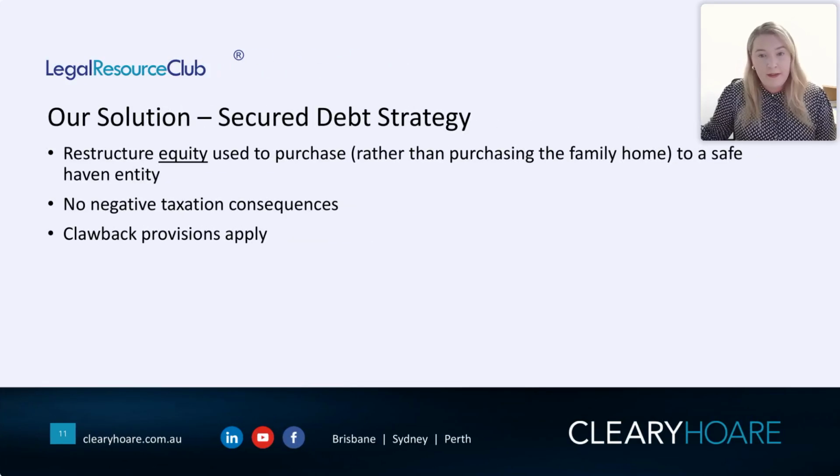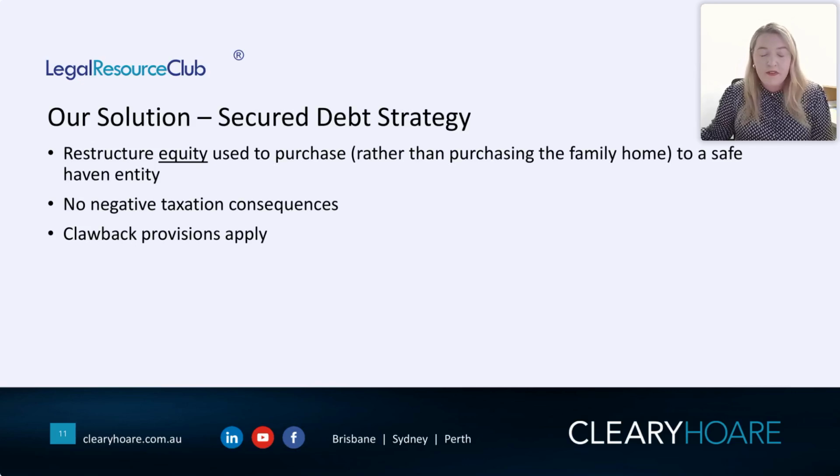So, do we have any particular strategies that can be used to still achieve asset protection without those negative tax consequences? What we often use for clients who are trying to achieve this is what we call our secured debt strategy.